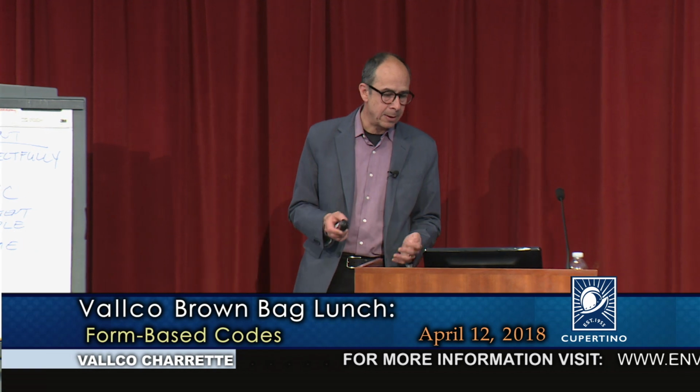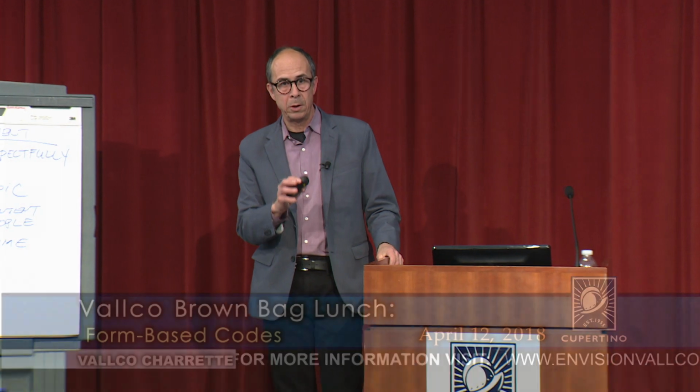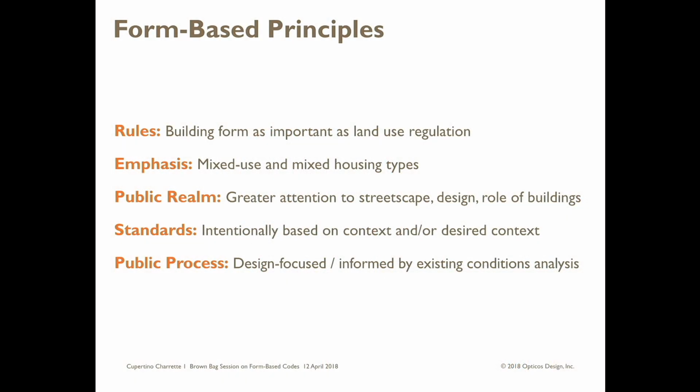And then the standards, to get to your question about form-based standards and design standards, this principle is that they're intentionally based on the context. I'll get into that in some of the slides here. But essentially, the way that the form-based system works is it says, okay, what's the physical character in the environment that you're trying to make? Or does it already exist and you're simply trying to make more of it? Whatever the question is, literally we take a DNA sample.